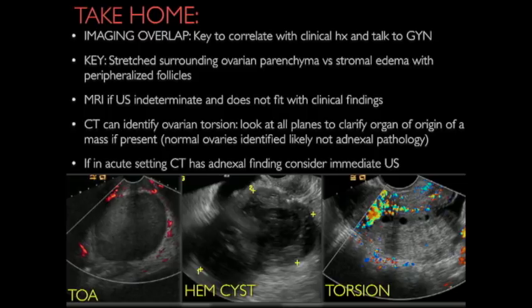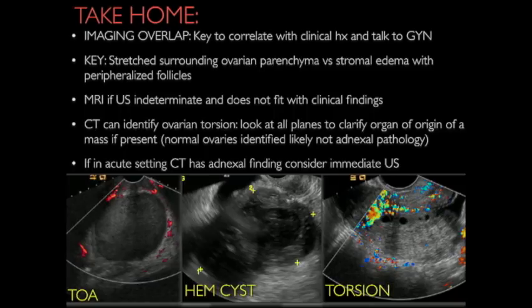Also, for hemorrhagic cyst versus ovarian torsion, the key is to look for stretched surrounding ovarian parenchyma versus stromal edema with peripheralized follicles. And MRI is helpful if ultrasound is indeterminate and does not fit the clinical findings. With CT, you can really do more than we are doing.